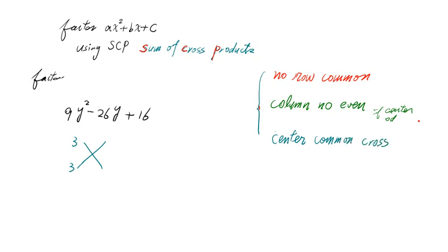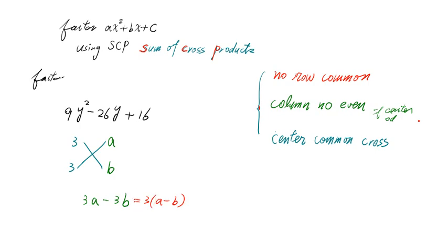The center number, the B number, it must contain a common cross product. What does it mean? For example, leave this one alone. Suppose this one's A and B. 3A plus 3B, or maybe 3A minus 3B. Their sum or difference definitely contains a 3.